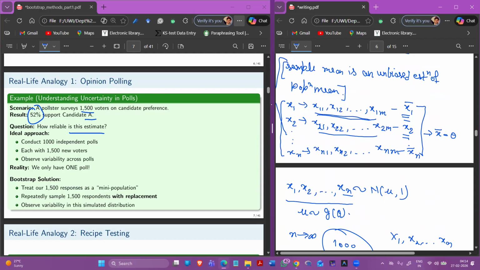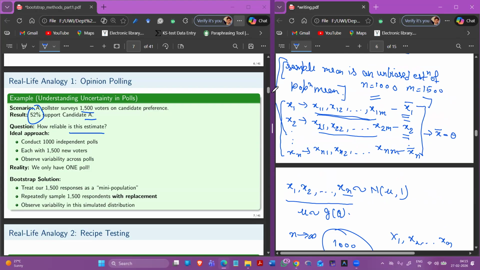According to this scenario, I should conduct x1, x2, ..., xn, say 1,000 independent polls. In each poll, I should take m equals 1,500 voters and then observe the variability across the polls. This is the ideal statistical inference theory.